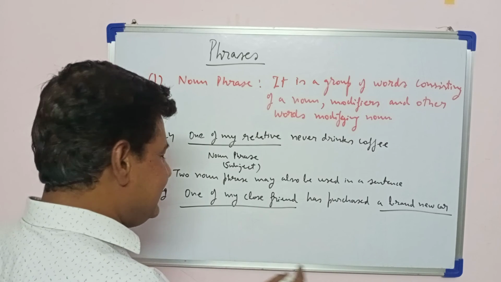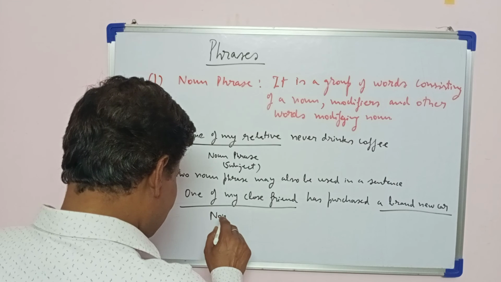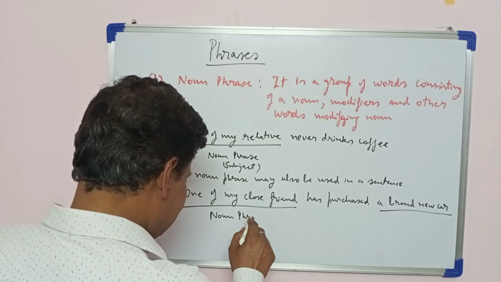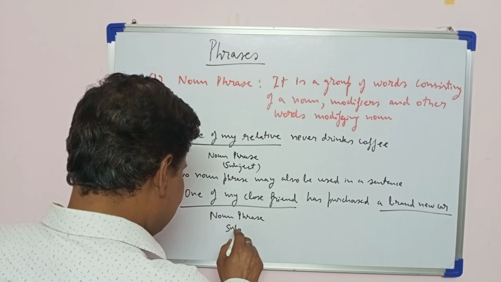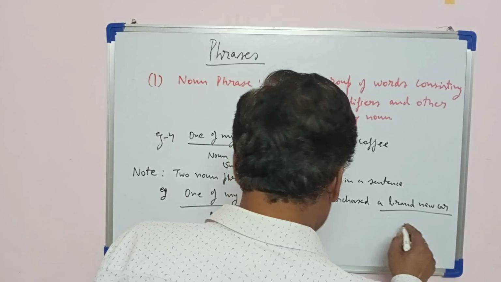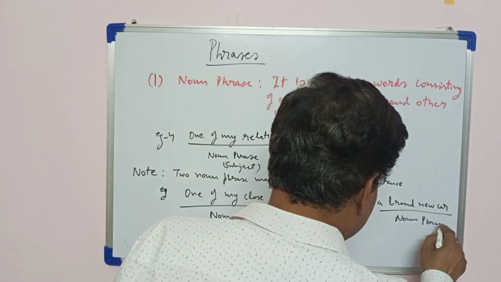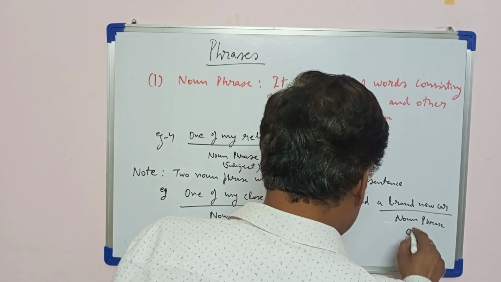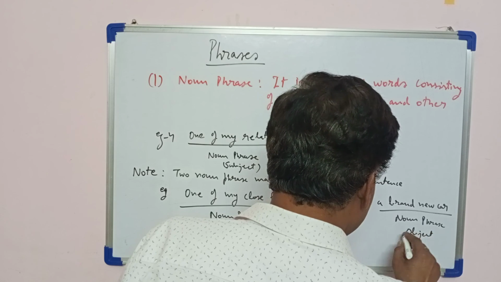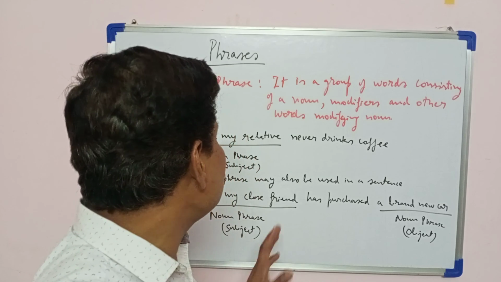So here you can see that there are two noun phrases. This is a noun phrase, and here it is the subject. And here also there is a noun phrase, and here it is the object. So I hope you have understood what noun phrases are.